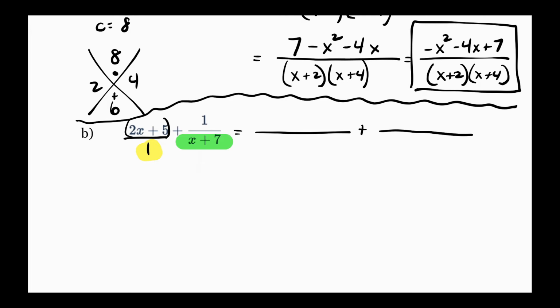How do I factor 1? What's the only way to make 1 by multiplying? 1 times 1, right? So that one's just going to stay 1. It's already factored.